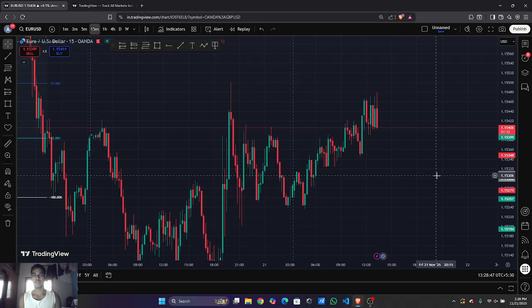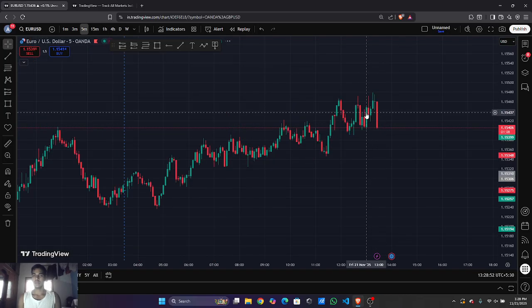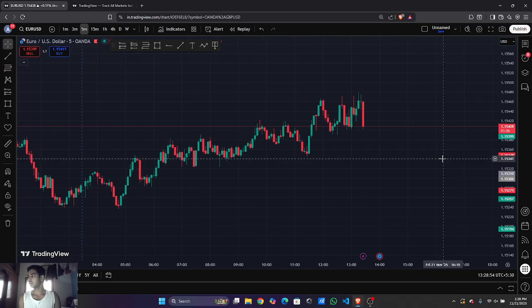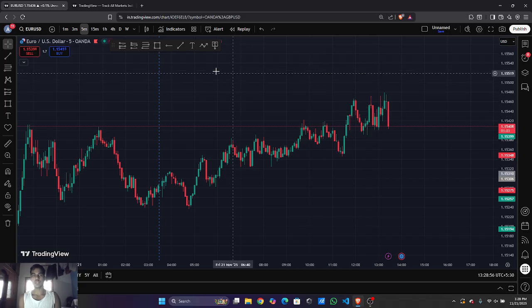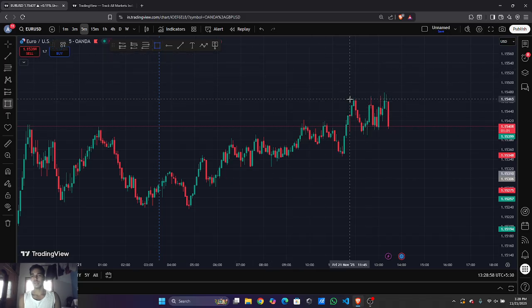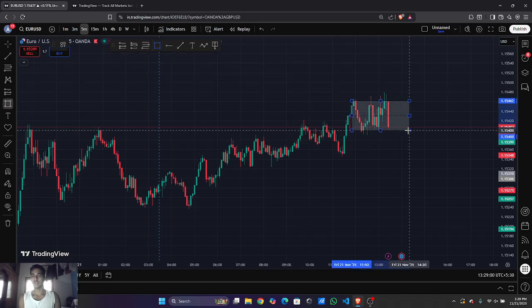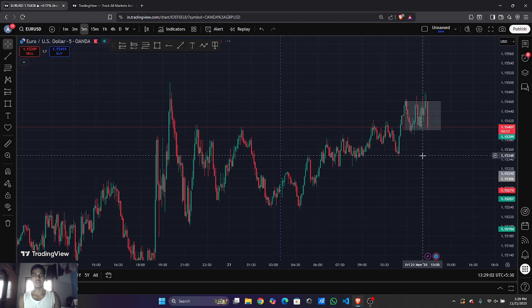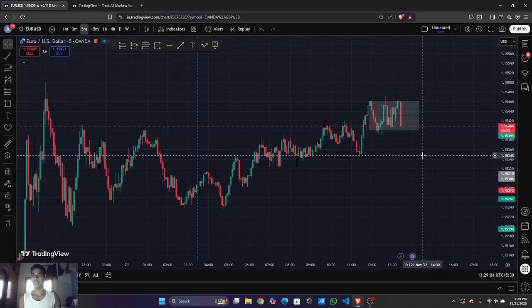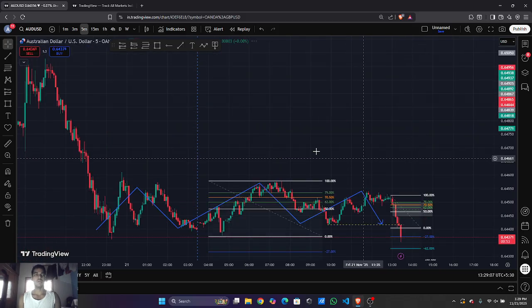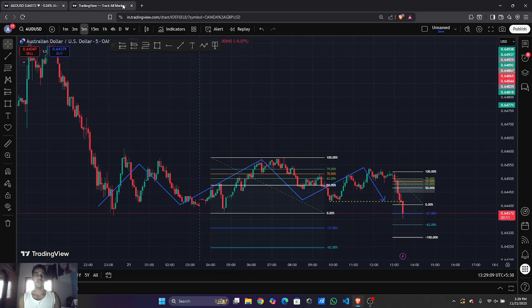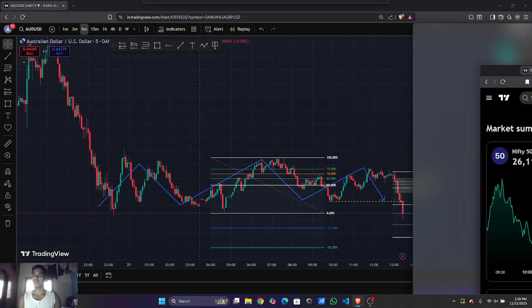If one can trade this 15-minute range, it doesn't look good. One can trade this range, but that is a little low probability. So we will avoid AUD, euro, and GBP.